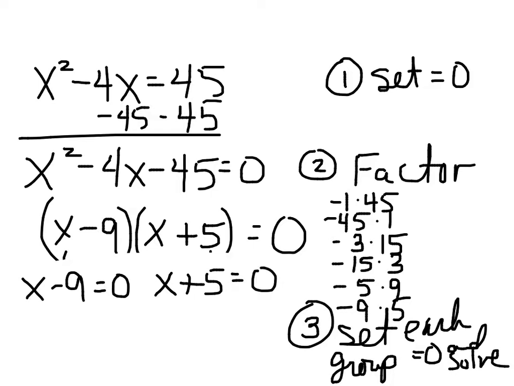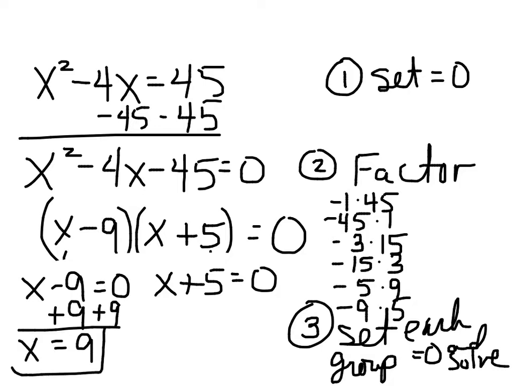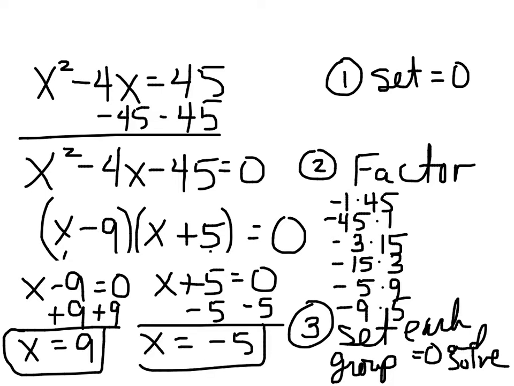What would I do in the first one? Add 9. What's 0 plus 9? And then what would I do in the second group? Subtract 5, and what's 0 minus 5? Negative 5. Done.